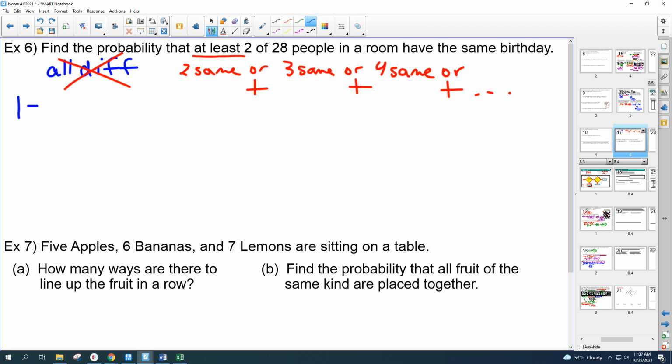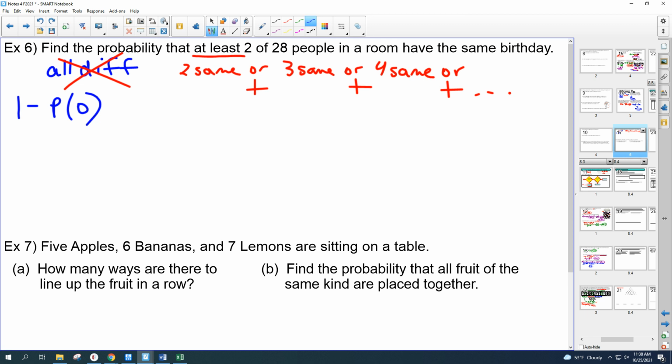So we're going to do 1 minus the probability that 0 people have the same birthday. Now, one person having the same birthday doesn't make any sense. That doesn't mean anything. But the probability that nobody matches. 0 people have the same birthday. Okay? So for 0 people to have the same birthday, they are all different.